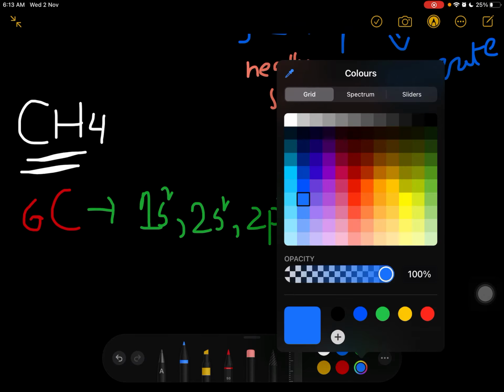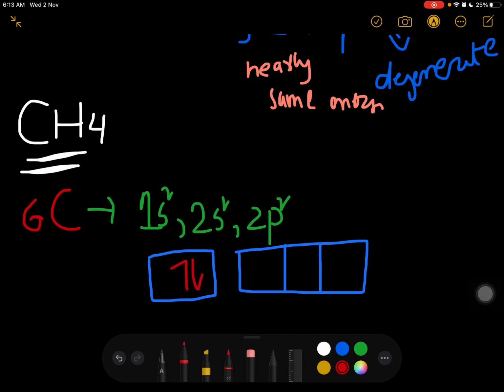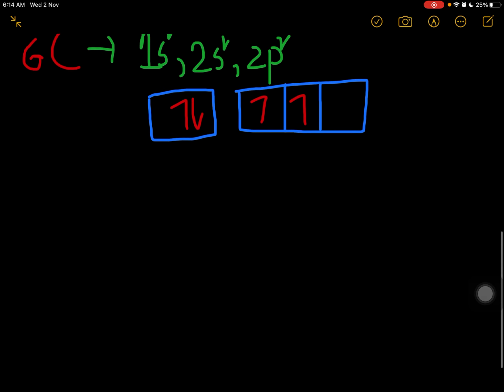Now let's make the orbitals of these. This is like this, and this is like this, and this is empty.